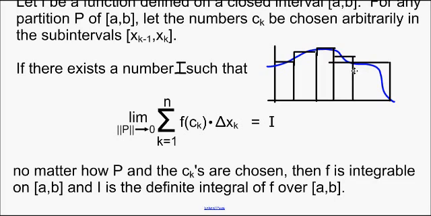And as it turns out, the smaller I make these rectangles, so as their width approaches 0, that's what this is really saying, then I'm going to have a perfect estimation, and all I'm going to be left with is what really is under the curve. Okay, so as the width of the rectangles for my Riemann sum approaches 0, I get the real value of the integral.